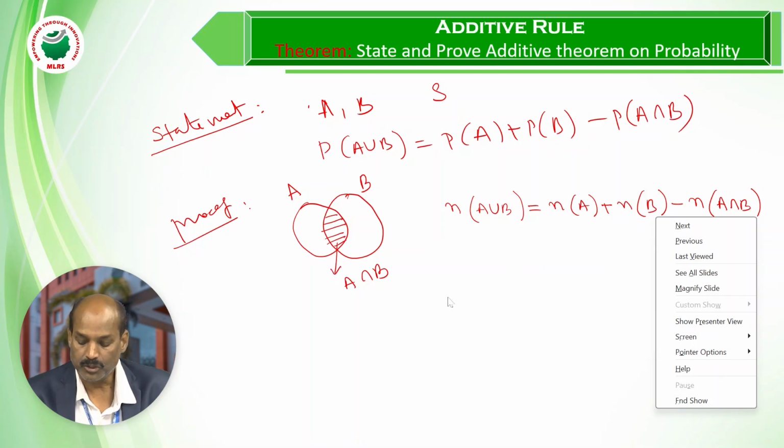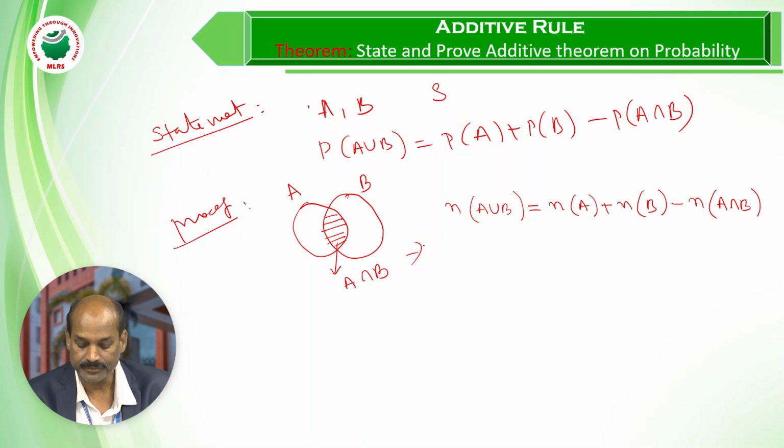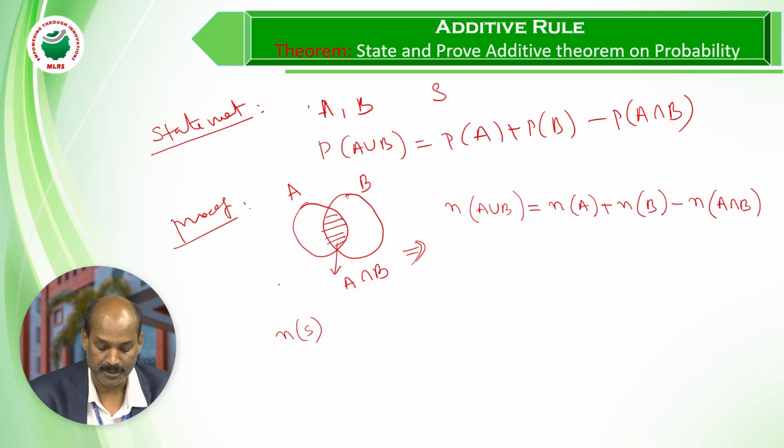Now, what happened from this? Now I divide this equation by n of S. What is n of S? The number of elements in the sample space.